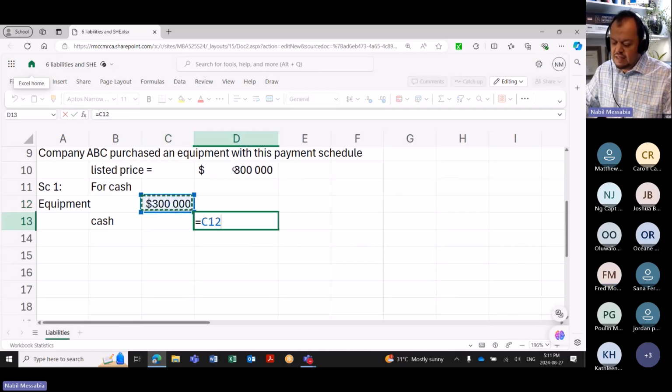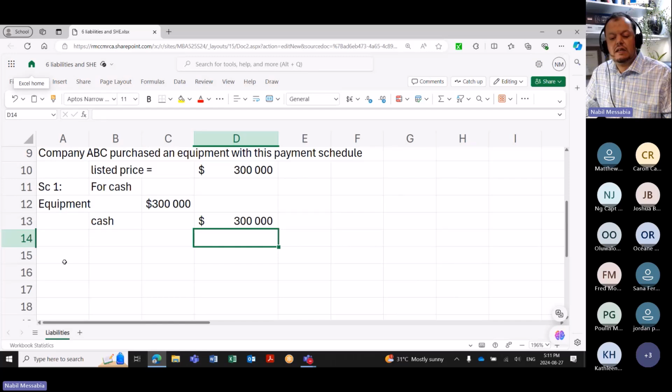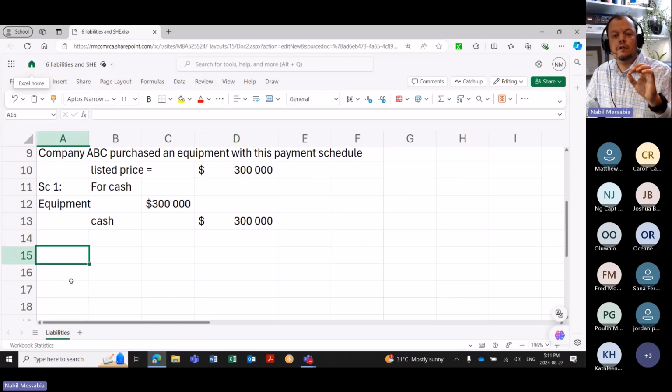And by the way, if they say it was purchased for account, so for account means credit. It cannot mean cash. Whenever there is a purchase or a sale made for account, it has to be understood as a sale or purchase for credit, by the way. Okay, so this is scenario one.